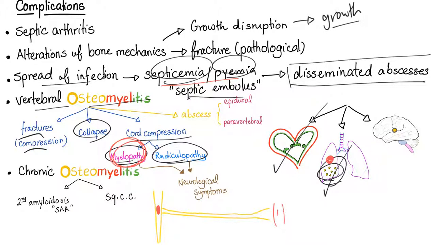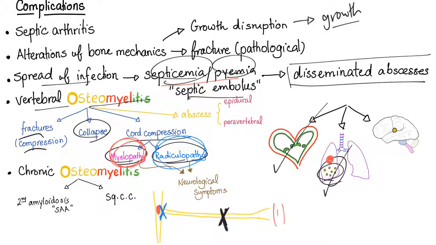If you injure the nerve at the spinal cord's root while exiting through the spinal foramina to become a peripheral nerve, this is called radiculopathy. If you injure the nerve peripherally, this is called peripheral neuropathy or peripheral neuritis. So, myelopathy, radiculopathy, neuropathy. Fine, and all of these are neurological symptoms.